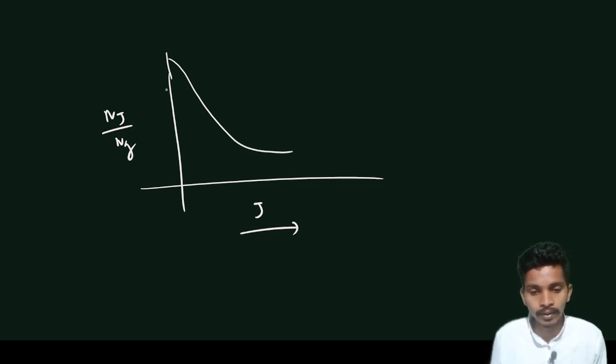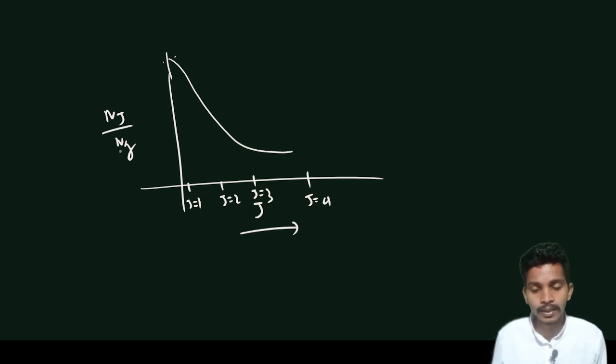means when j equal to 1, the values are nearly equal, and when j equal to 2, j equal to 3 and j equal to 4, you see that this ratio is decreasing.